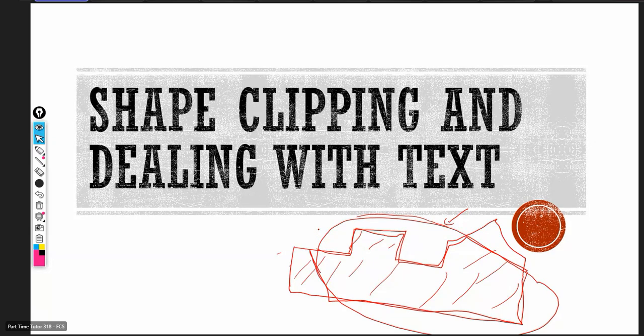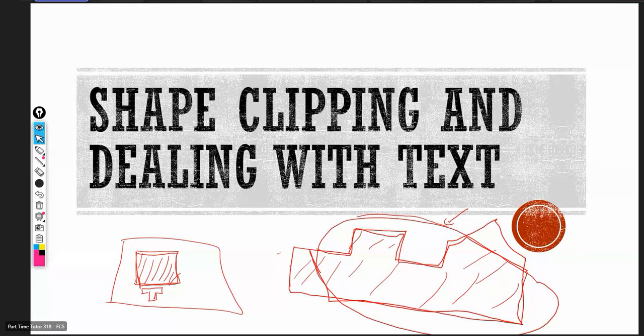You can display an image and then clip the image by the text, for example. Or here you can use a clipping shape of this rectangle, so you'll see only this part of the image. We will also see how to create text, and then how to convert this text to a shape.